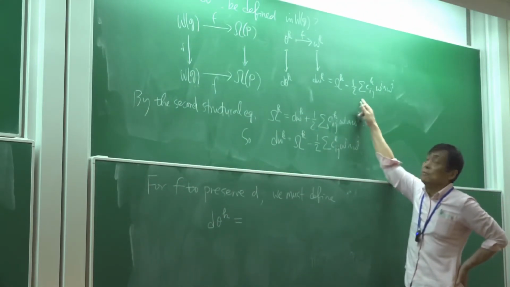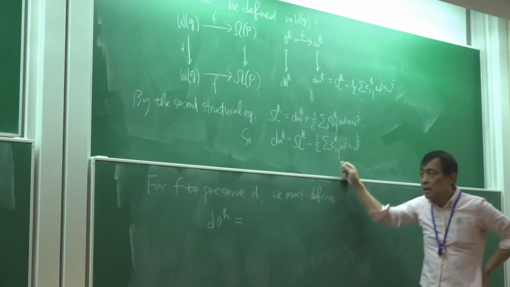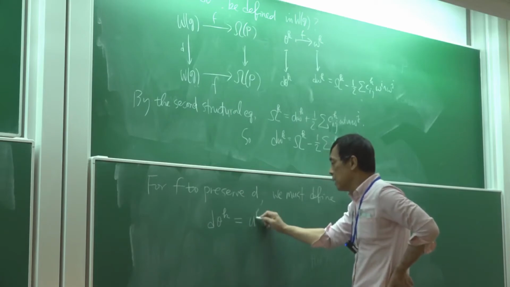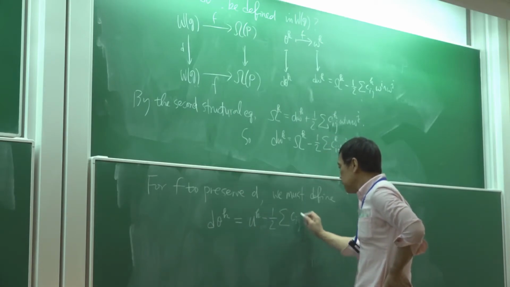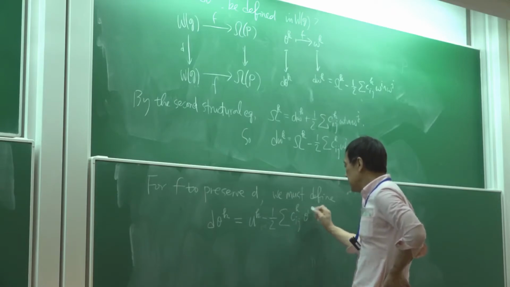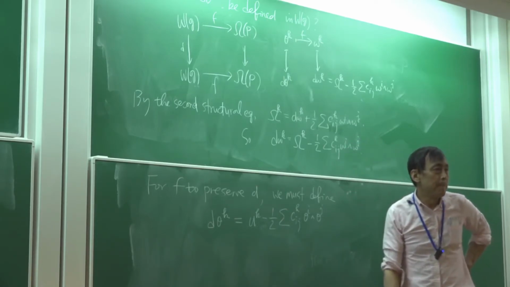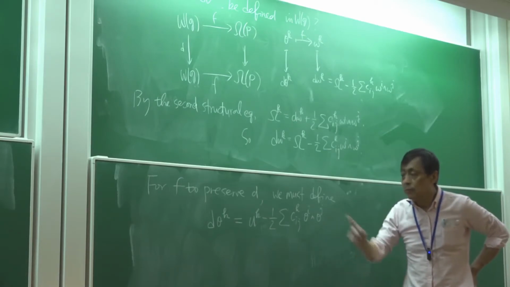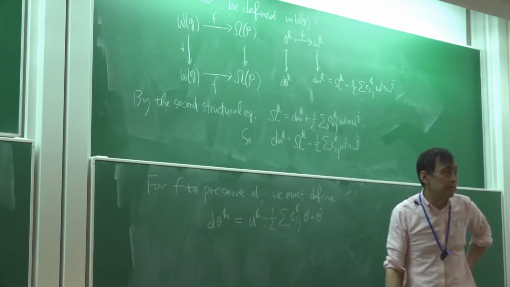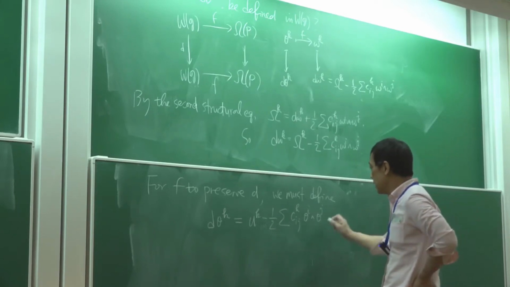So what's going to map to this from the Weil algebra? u k minus 1/2 the sum of Cij theta I wedge theta j. Yeah, so that has to be the definition of the exterior derivative on the Weil algebra.